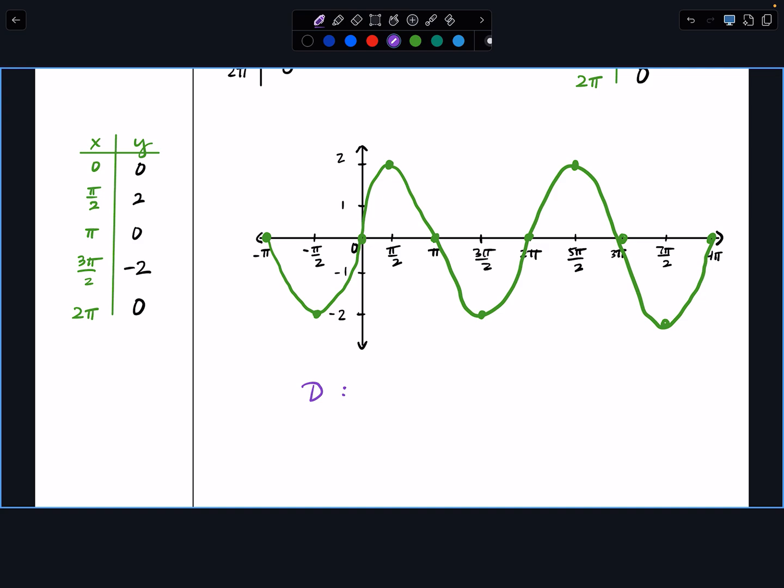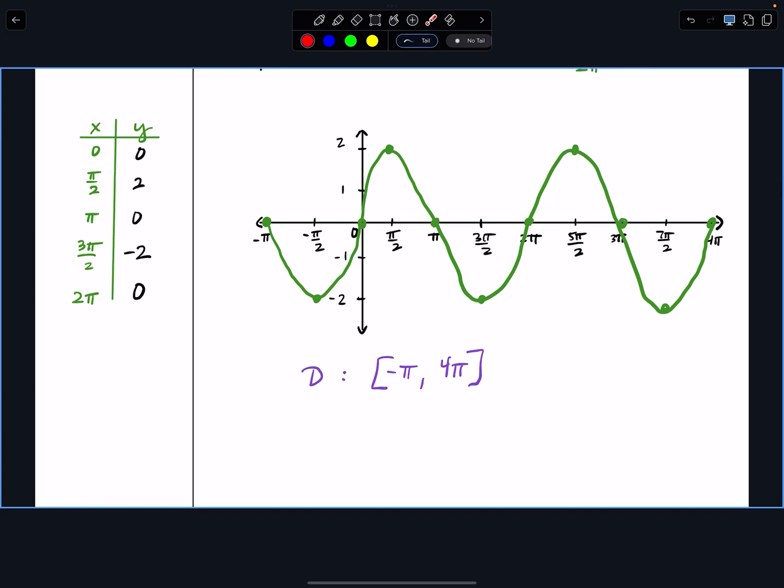Okay. These are so much fun. Where does this graph begin? At negative pi. So the domain in this case would be negative pi to 4 pi. Now I want to make sure that you guys understand this. This is only the domain because of the directions. If it doesn't say anything like that, it's going to be all real numbers. Okay?